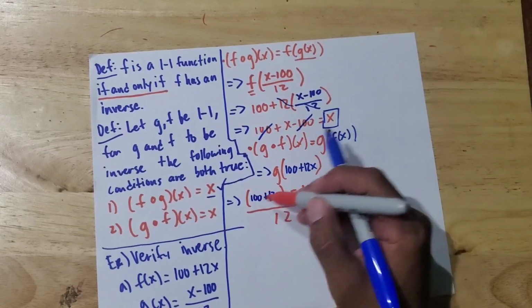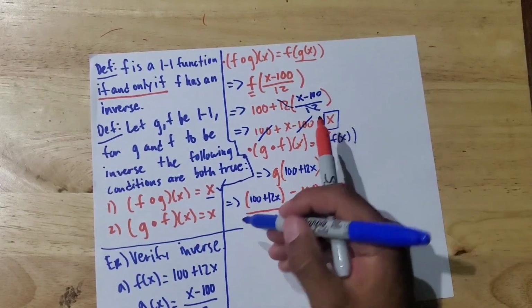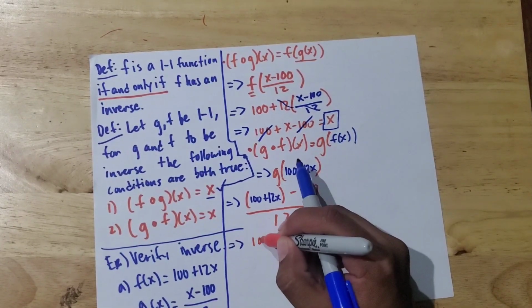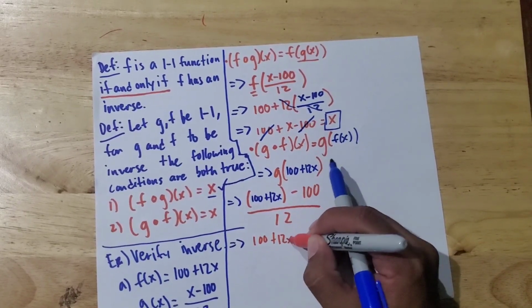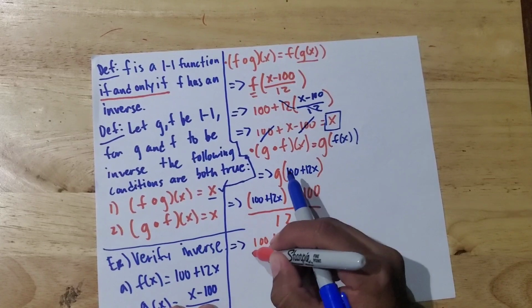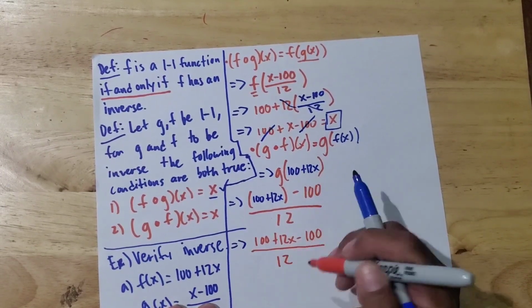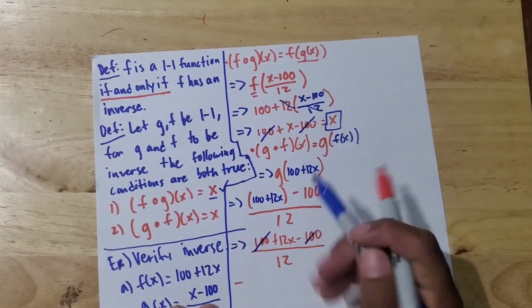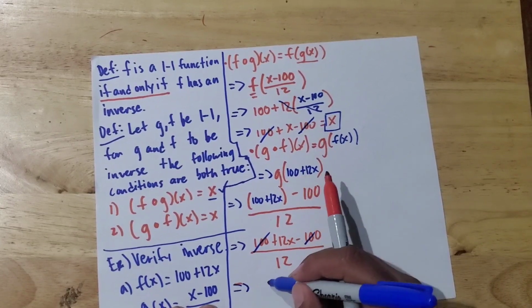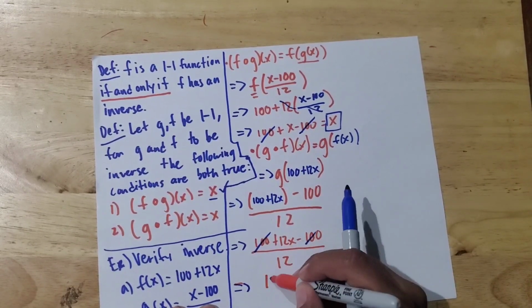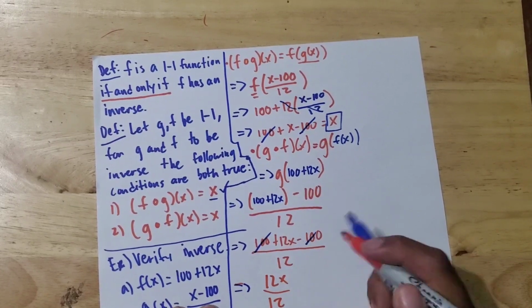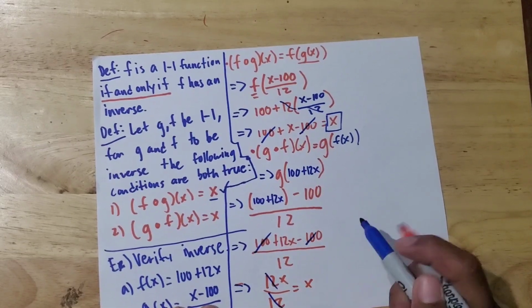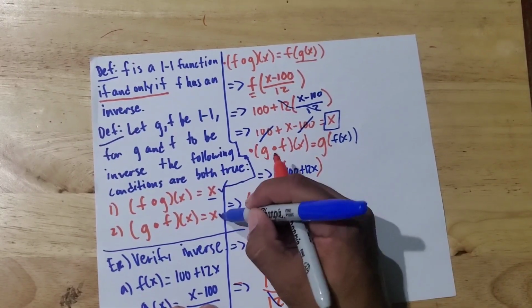And if you notice here, the parentheses aren't doing much. So you can remove those parentheses and be left with just 100 plus 12x minus 100, still all over 12. And if you notice, the hundreds cancel right away. And then I'm left with 12x over 12. And the 12s simplify, leaving me with x, which is exactly what I wanted.